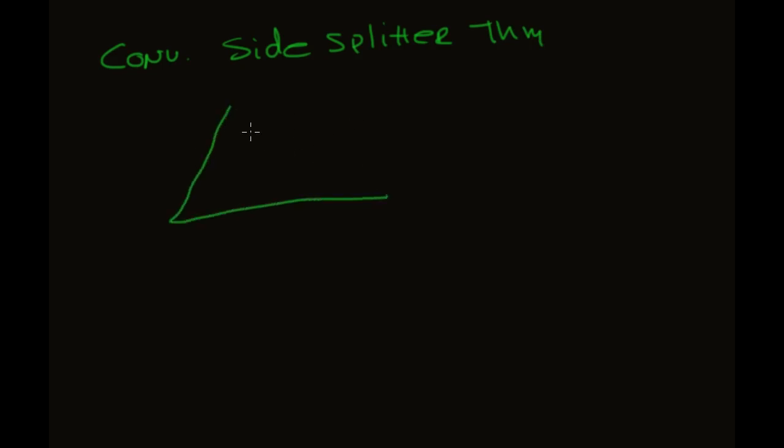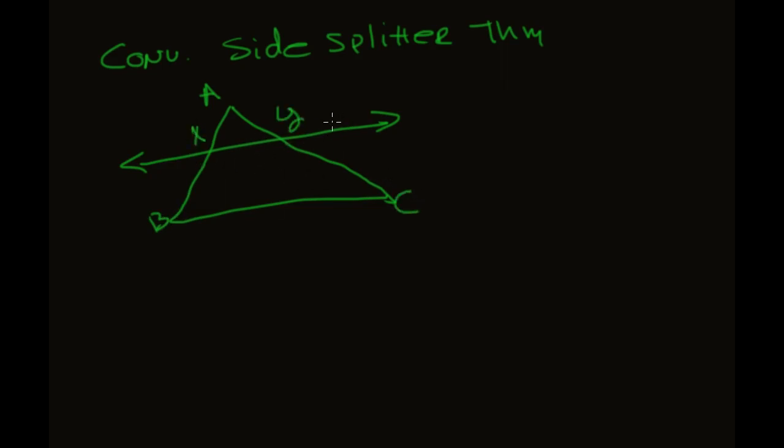Okay, so the converse of the side splitter theorem says, well, what if I have the triangle and I draw the line? So this is going to be A, B, C, and we'll call that XY.